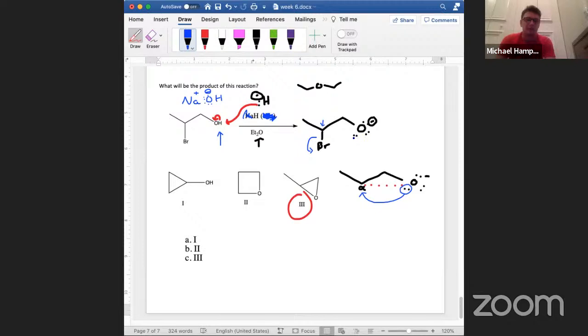Correct. So when this folds in on itself here, when this oxygen, this lone pair, goes to one of the carbons of its own, that's where your bond is. It's no different than any other bond that we've made or created.